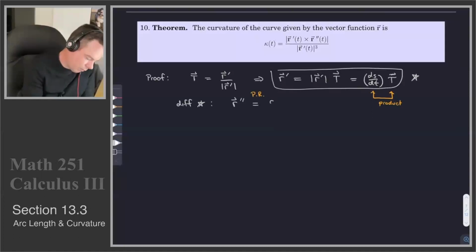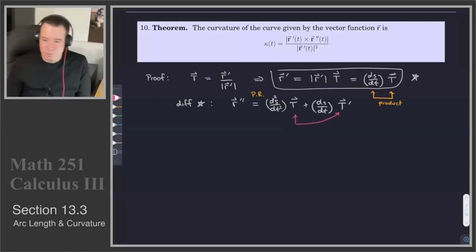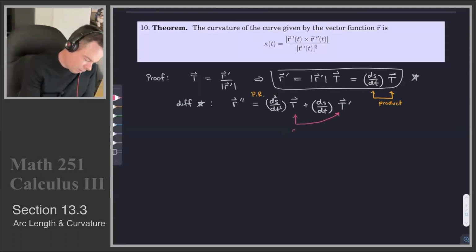It's the derivative of the first, d squared s/dt squared, times the second, plus the first, ds/dt, times the derivative of the second. So there's our product rule. One extra fact that we can note, you may have remembered this fact, you may not, is that these are orthogonal.